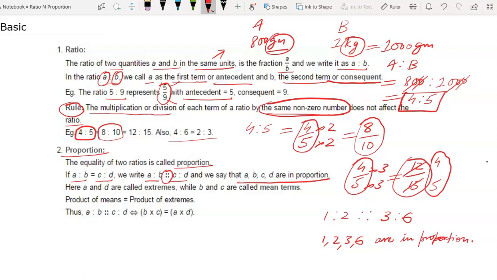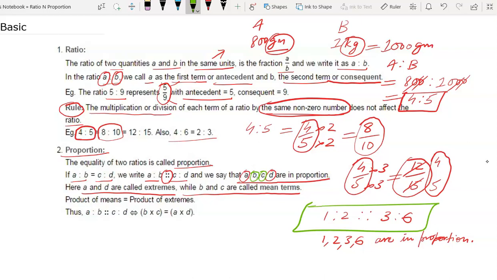Now here A and D are called extremes, while B and C are called mean terms. So if A, B, C, D are in proportion, then A and D are called extremes and B and C are called mean terms. If we take this example, here 1 and 6 are the extreme terms and 2 and 3 are mean terms.